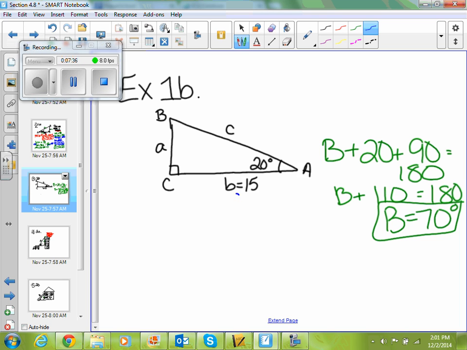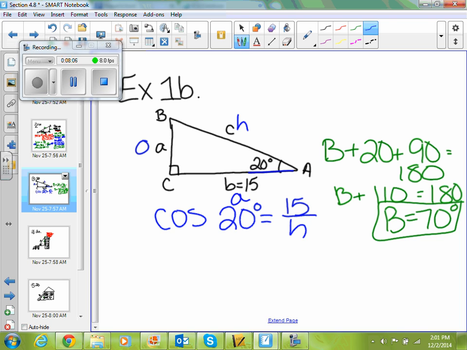This is my adjacent side because it's connected to my angle of 20 degrees. My opposite side then is side A, and my hypotenuse is side C. If I want to find my hypotenuse, I'm going to use the fact that cosine is adjacent over hypotenuse. So cosine of 20 degrees is equal to my adjacent side, which is 15, over my hypotenuse.